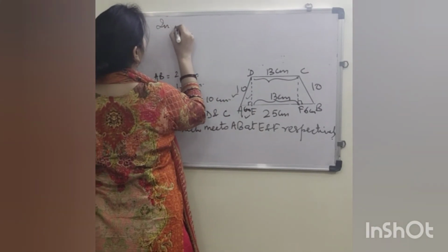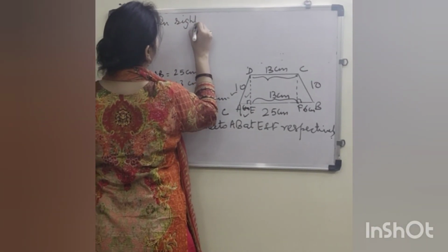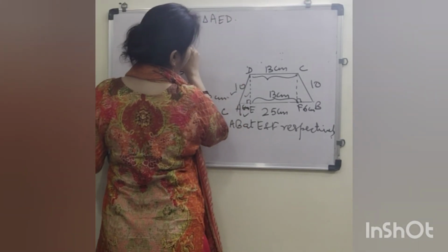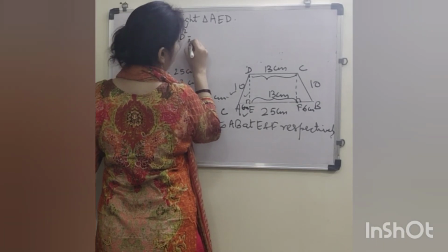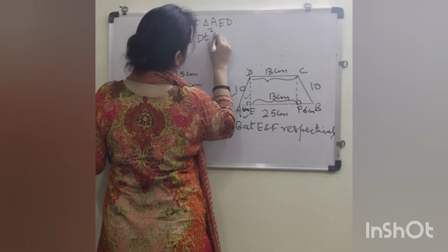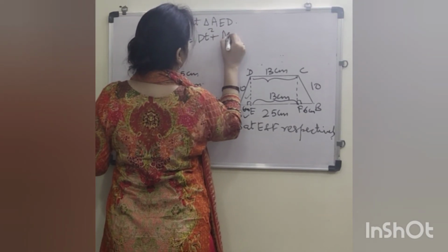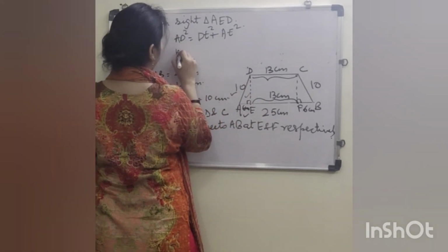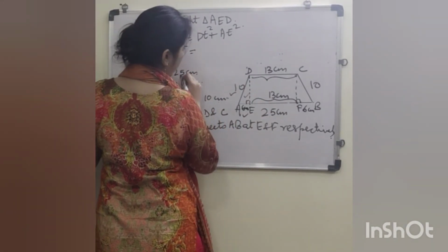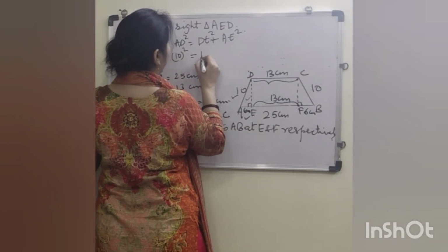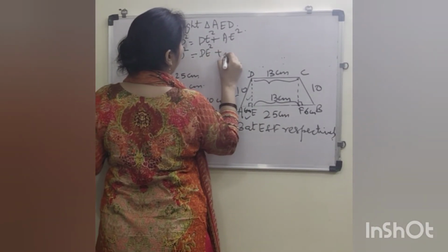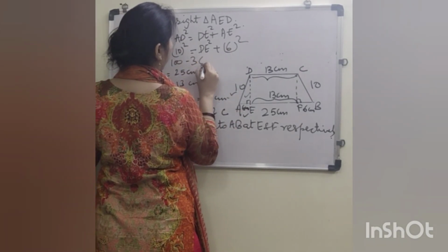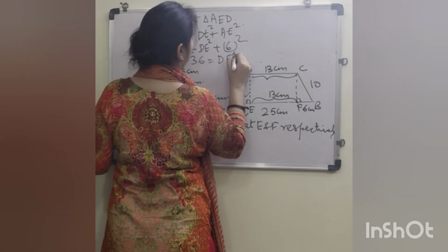In right triangle AED, we have AD square is equal to DE square plus AE square. So your AD square is 10 square is equal to, your DE is unknown to you, so let it be DE square, and this is 6 square. 100 minus 36 is equal to DE square.